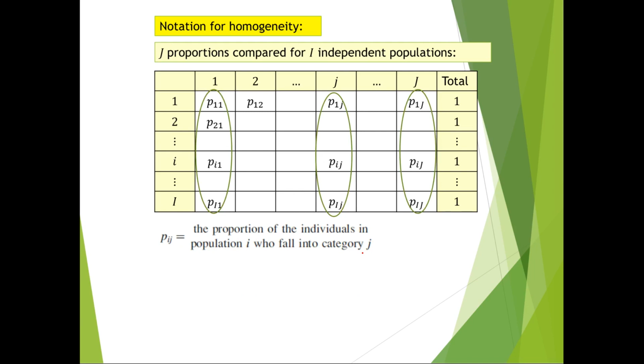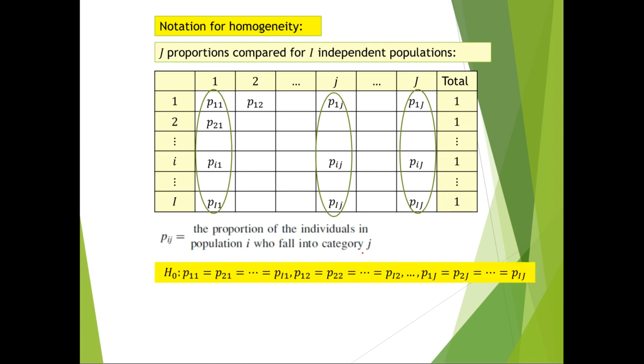Now we want to compare these. For the different populations, we want to compare the proportions in the first category, in the second category, and in the jth category. So our null hypothesis can be written as: we want to compare P11 to the second population to the ith population. So we want to compare all the proportions in the first category, all the proportions in the second category, all the proportions in the last category, the jth category.